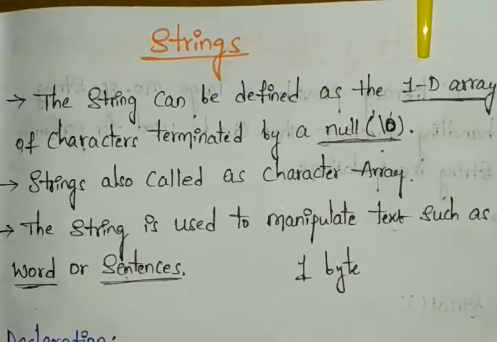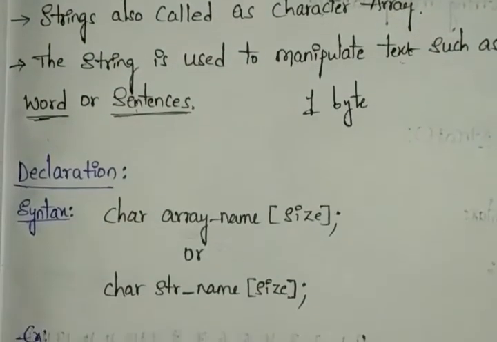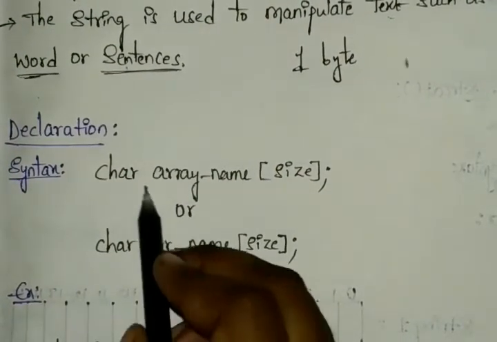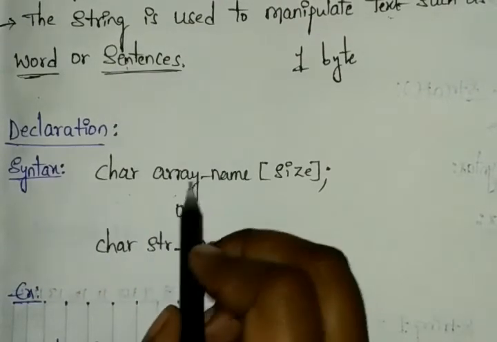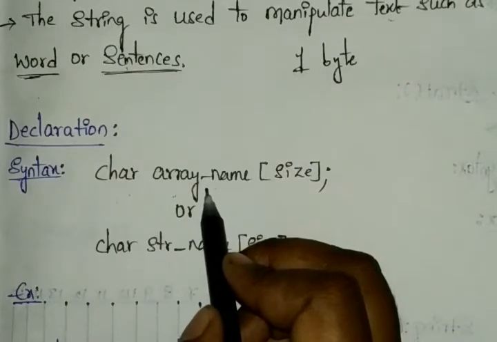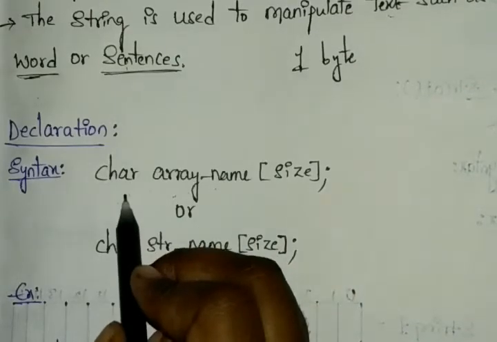Now you can see the declaration part for strings. If you need to declare a string, you write the character type and then the array name, because we are defining our strings by using arrays.